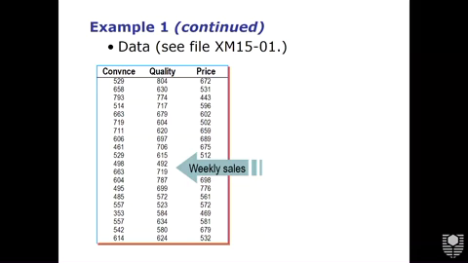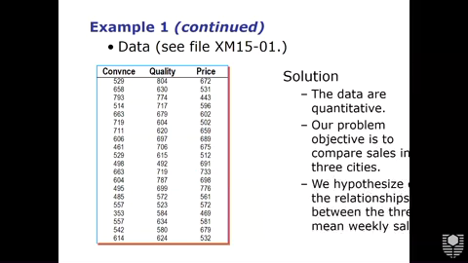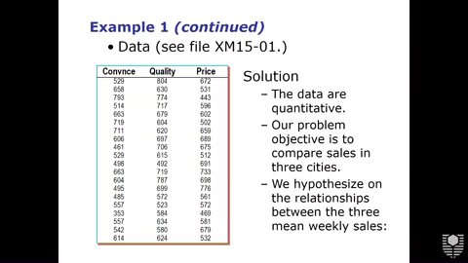So we're going to have 20 observations per strategy in 3 different cities: City 1, City 2, City 3, the third city. So weekly sales, they record this data. From this data, you can see that we have independent samples, right? The data is quantitative first, right? Continuous, right?